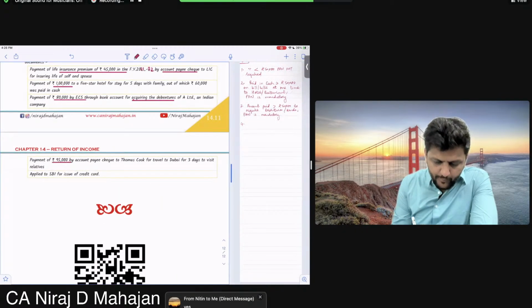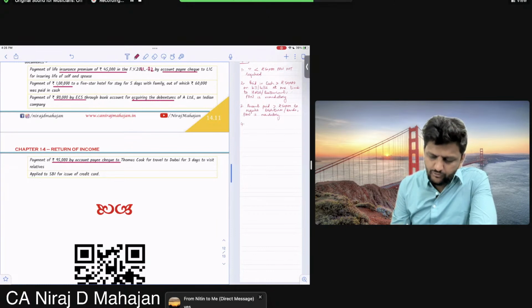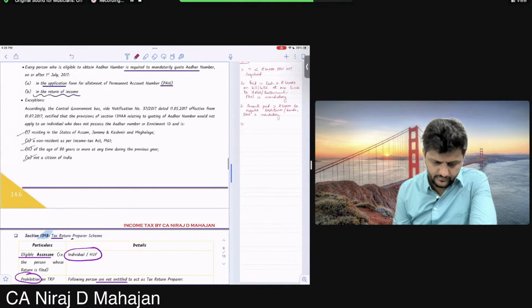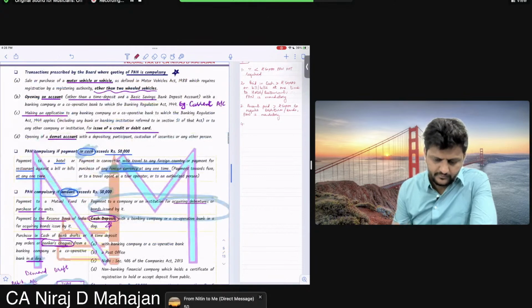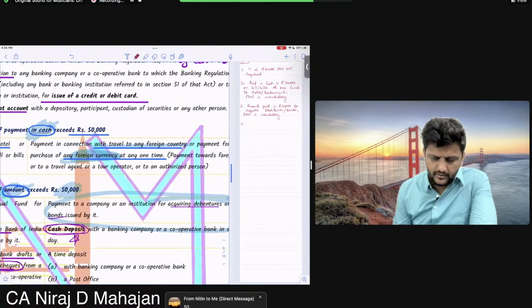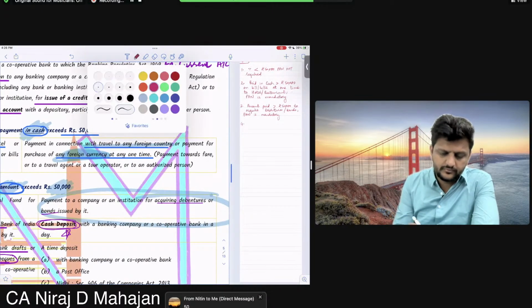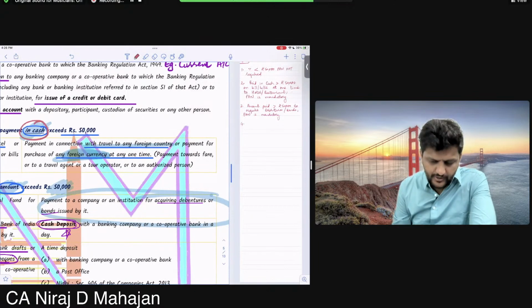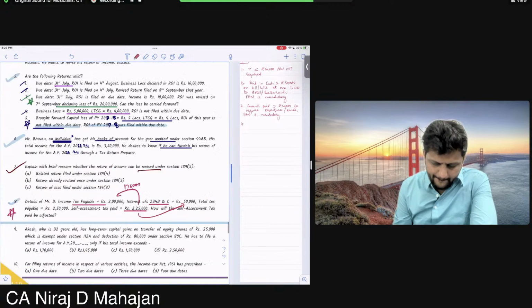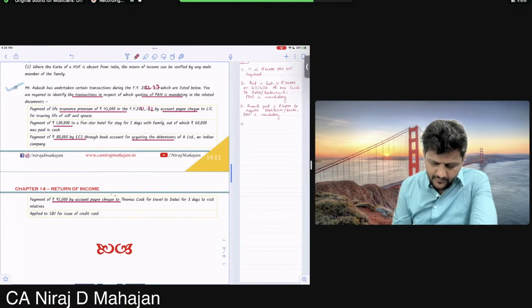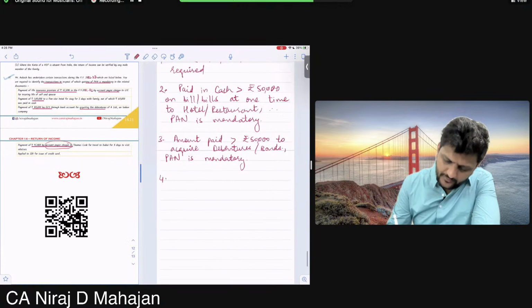Payment of 95,000 by account payee cheque to Thomas Cook for travel to Dubai for 3 days to visit relatives. Foreign travel, how much? But that is in cash. That is in cash, right? This guy has given account payee cheque, so not required, right? I'm writing here.